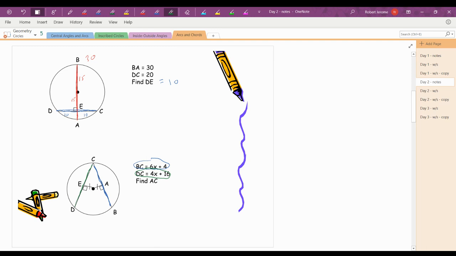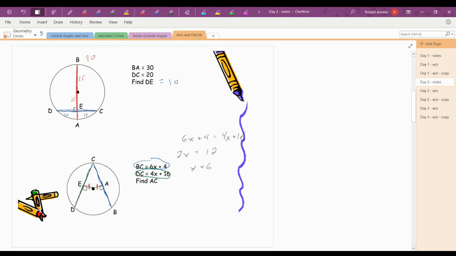And, well, again, since the chords are equal distance to the center, you can notice in this picture that they are marked as congruent here. Since the chords are equal distance from the center, then those chords are congruent. So we have 6x plus 4 equals 4x plus 16. And of course, we can do some work from there. We've got a 2x and a 12, and x equals 6.